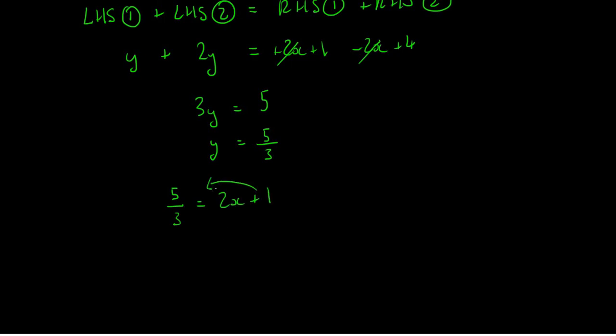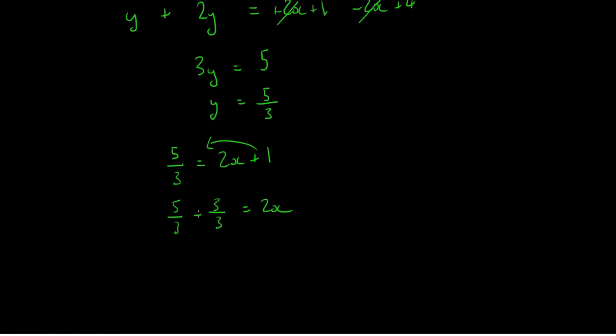So I take the 1 across, we get 5 over 3, subtract 1, but 1 is 3 over 3, and that's equal to 2x. And so we end up with 5 over 3 subtract 3 over 3, which is 2 over 3, is equal to 2x. And if I cancel the 2's, we end up with 1/3 is equal to 1x, i.e. x is equal to 1/3.